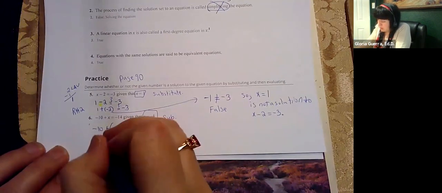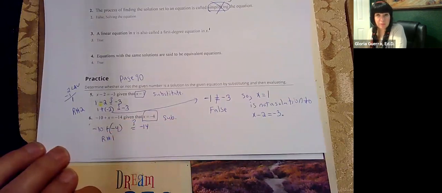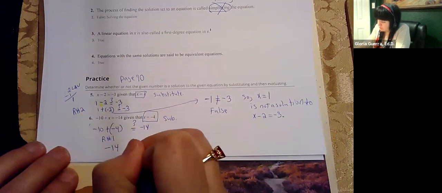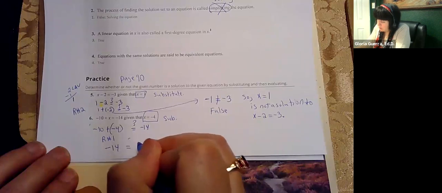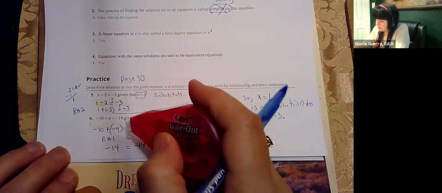That's what you're trying to find out. Okay, this is an example of rule number 1. You're adding 2 negative numbers, -10 plus -4. So all you need to do is just add them up, add and keep the sign. So -10 plus -4 is -14. And now you know that the left side does equal the right side.